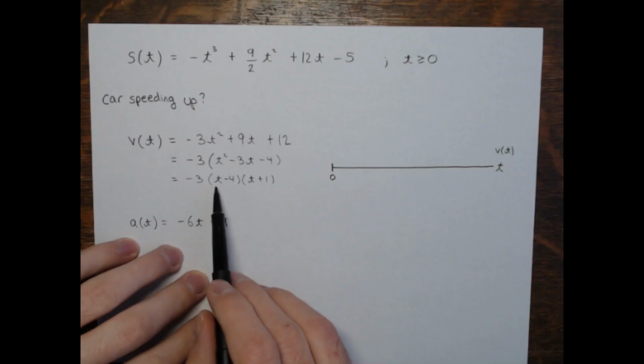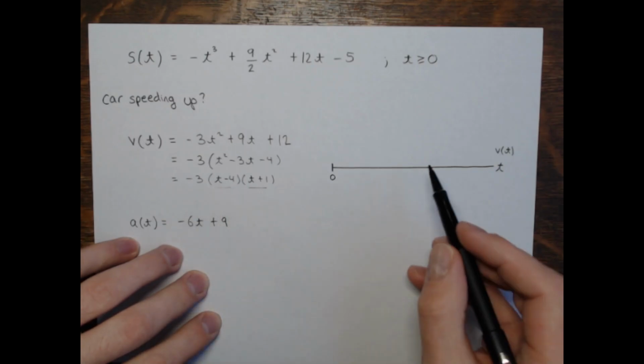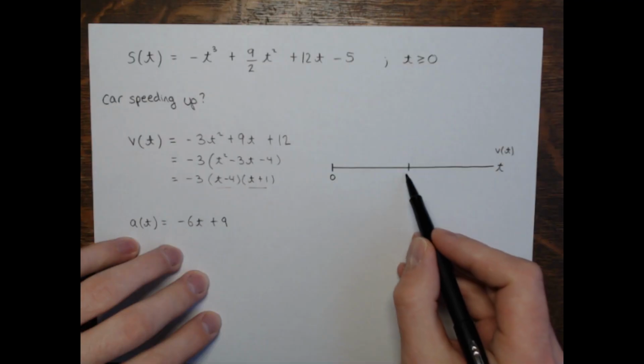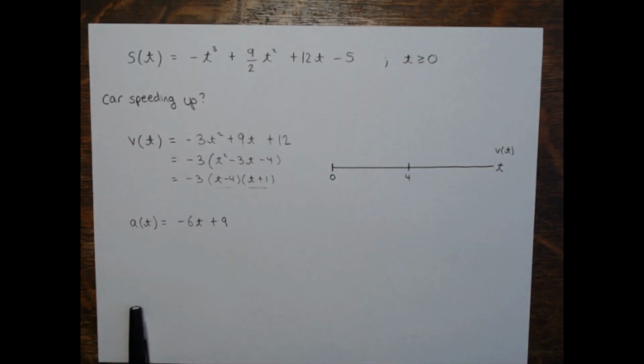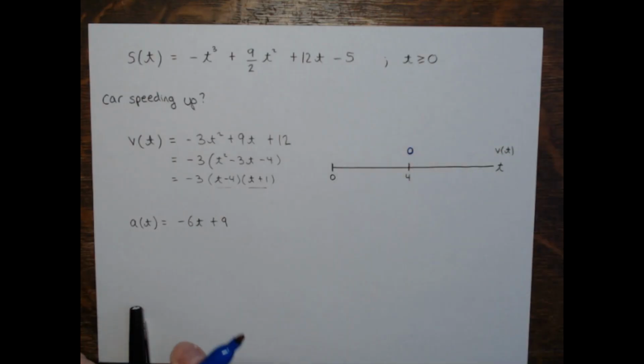So I already said, you look at these factors. The times where the velocity is 0, so the times where this car is at rest, one of them would have to be at 4 seconds. So here's 4, and the velocity is 0 at that time.